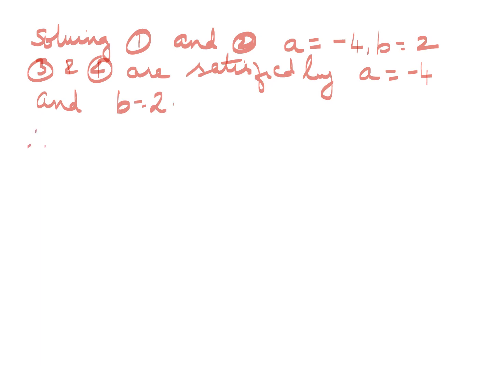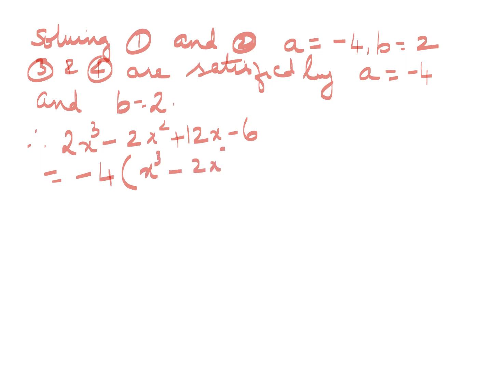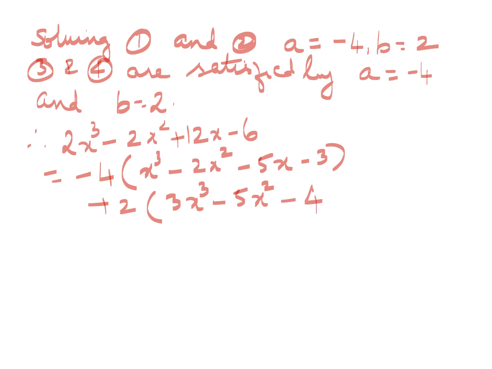Therefore, we can write the vector 2x cubed minus 2x squared plus 12x minus 6 as minus 4 times the first vector, x cubed minus 2x squared minus 5x minus 3, plus b times, that is 2 times, the second vector 3x cubed minus 5x squared minus 4x minus 9.